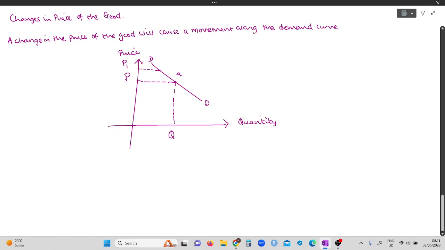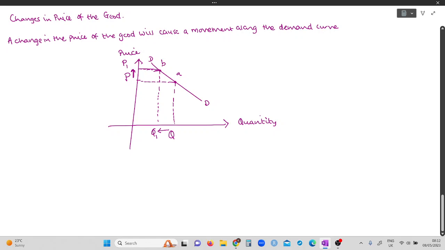So when the price increases to P1, we have a new point B and the quantity will change to, for example, Q1. From the graph, when the price increases from P to P1, the quantity decreases from Q to Q1. So we were on point A, and as a result of the increase in price, we are moving to point B.